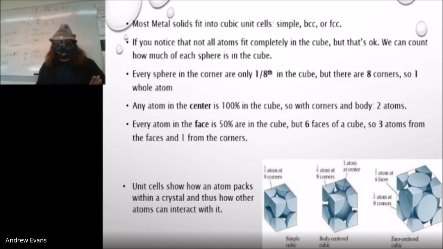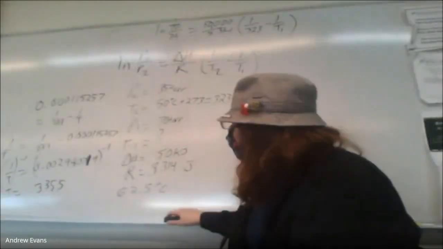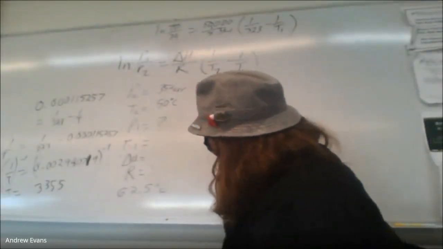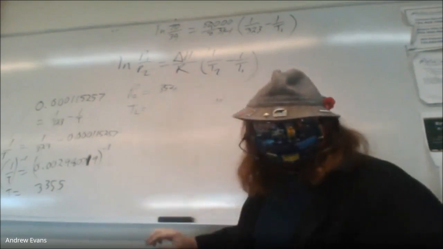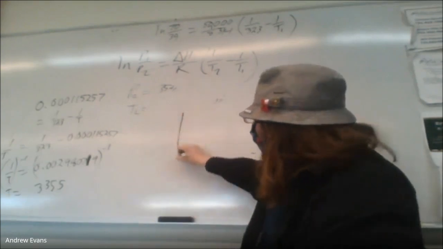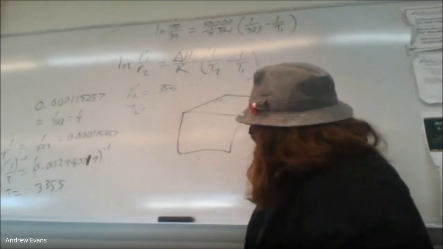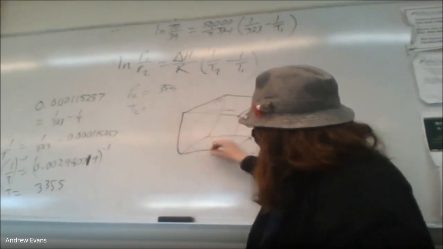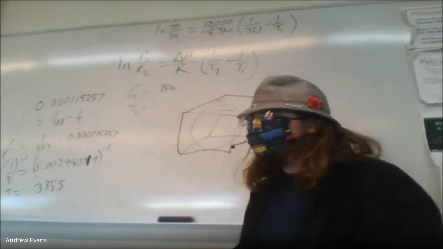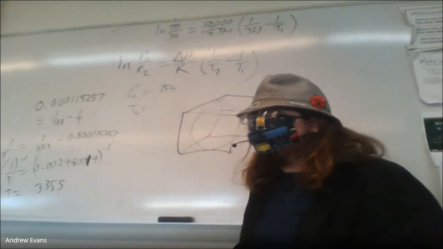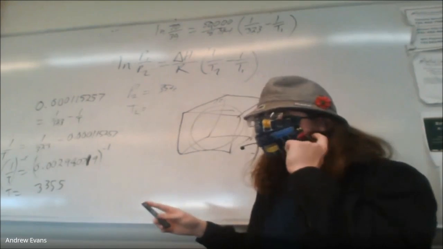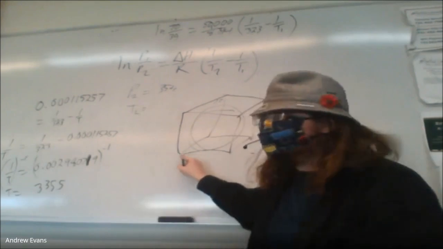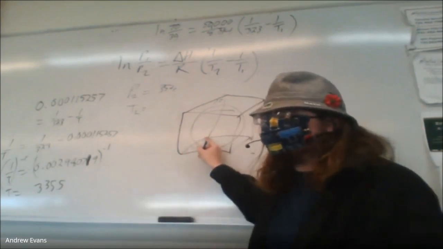Now, we could hypothetically, this wouldn't be very good, but we could hypothetically draw a unit cell like a box, and then just try to draw the atom right in the box. But the problem is it becomes a lot harder to define where this corner exists with respect to this atom.